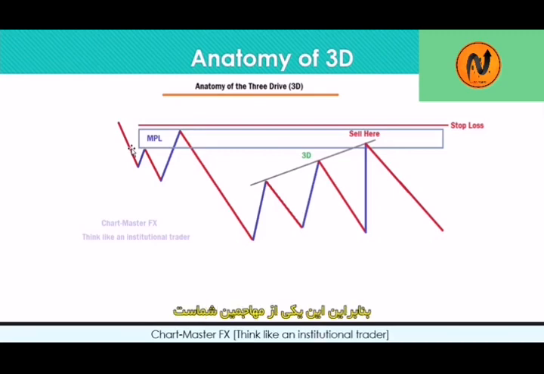So zeroing down also on that concept, you realize that this one is one of the strikers, guys. Once you trade this SOP without the midfielders, without the defense, you only have the goalkeeper here, which is the MPL, and the midfield is not there, the defense is not there.